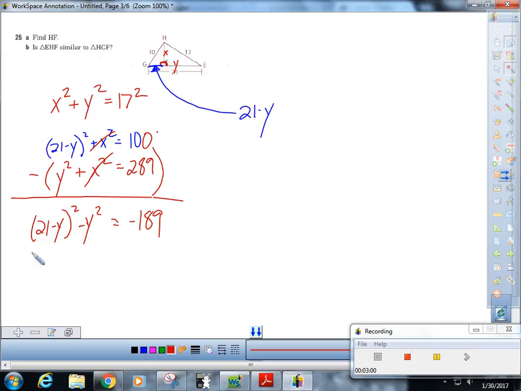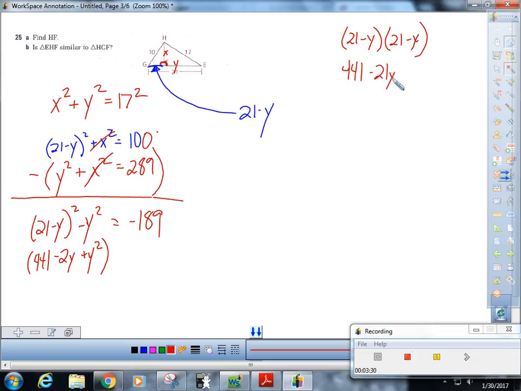Okay, FOIL. So that's 21 squared. 441 for sure. 441 minus 2y plus y squared. Let me show you how I got that. 21 minus y times 21 minus y is 441 minus 21y.